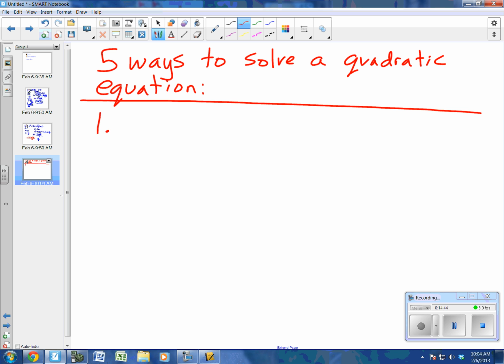Okay, number 1 way, graphing. And I would suggest you take notes on this. Okay, our next test is coming up really soon. And if you write this down on your card, that will help you out. Because then you'll look at a problem and say, oh yeah, there's this way, this way, this way, this way, or this way. Okay?